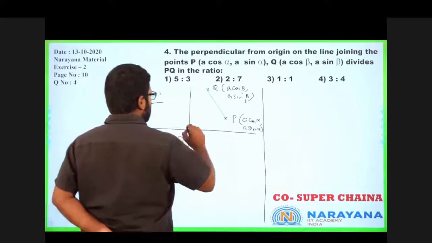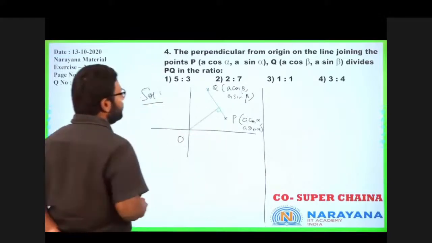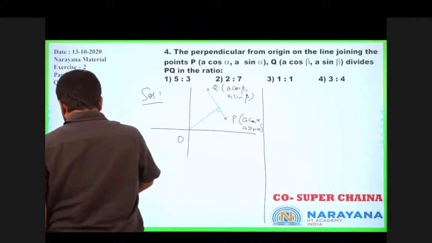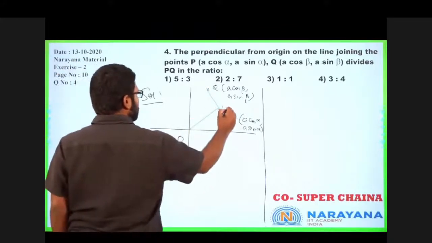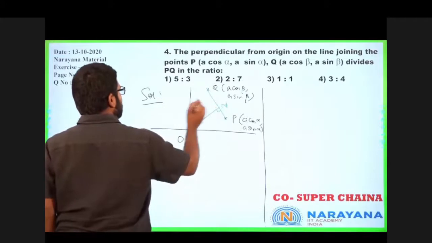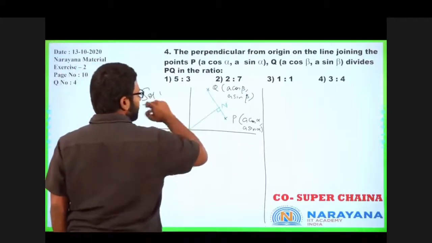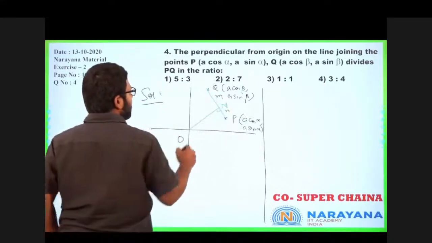There is a perpendicular from O to PQ, and we are being asked what this ratio is. So if you call this foot of the perpendicular N, then we have to find this ratio.